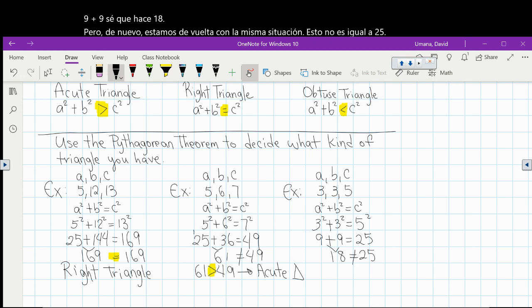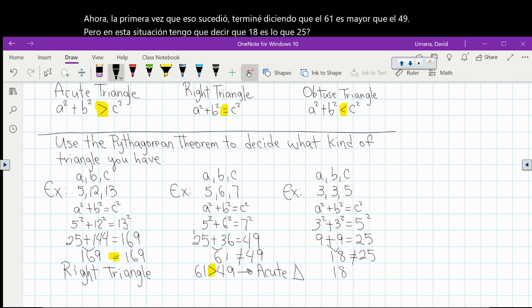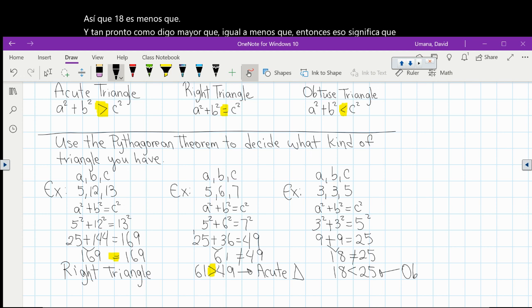Now, the first time that happened, I ended up saying that 61 is greater than 49. But in this situation, I have to say that 18 is what to 25? So 18 is less than 25. And as soon as I say greater than, equal to, less than, then that means that this must be an obtuse triangle.